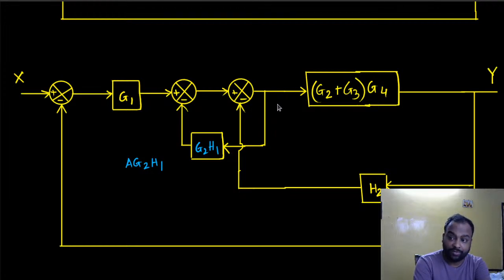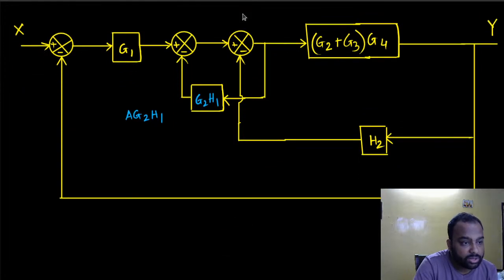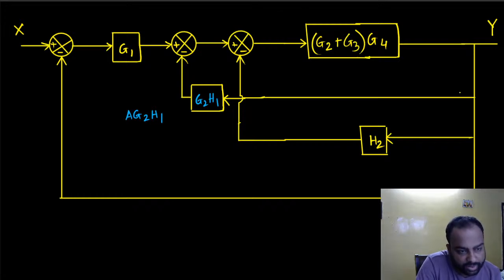So I have to get rid of that first, then we can do the feedback loop configuration. Instead of pulling this out of this, I can bring this to the right-hand side. So instead of being here, this line can go all the way to the end here. Now it's pulling the signal out of this.